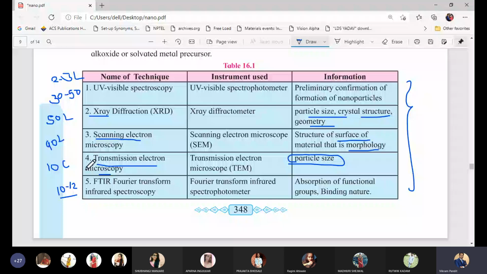For the history of nanotechnology, there was Richard Feynman in 1959. He gave one statement. What is that statement? That statement is like this: there is plenty of room at the bottom. Meaning there are so many things we can do if we go to the small size.